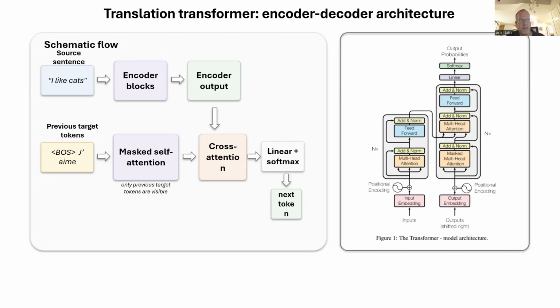The output of the masked multi-head attention, the target language, and the output of the left, the source, are fed into another attention mechanism, then a linear layer and a softmax. This is the basic structure of the original transformer meant for translation.